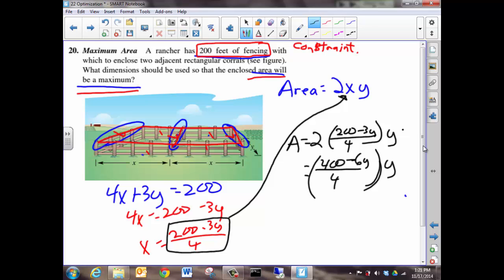Distribute the y, so we get 400y minus 6y squared over 4, right? Okay. Now, what do we need to do now? Take the derivative. How are you going to take the derivative here? Quotient rule. We could do the quotient rule.